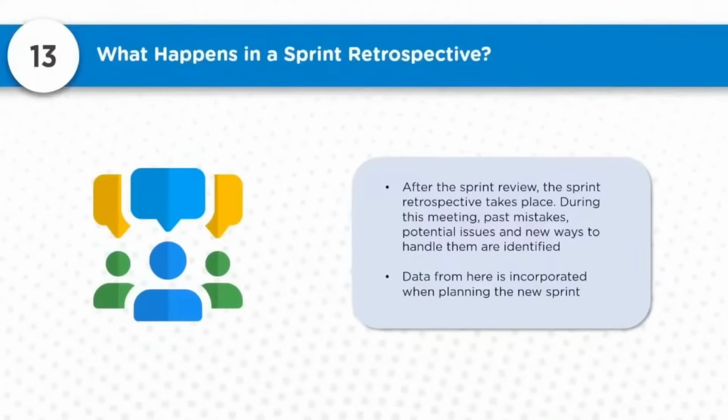All these are discussed so that the necessary corrections can be considered in the upcoming sprints. Data from the retrospective is incorporated when planning the new sprint. You collect the learning, what went well, what went wrong, what the best approach was and how we approached it, and whether there is any other way of doing it. These are very essential to do at the end of each of the sprints.